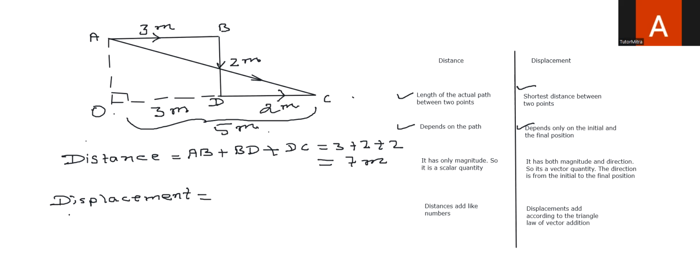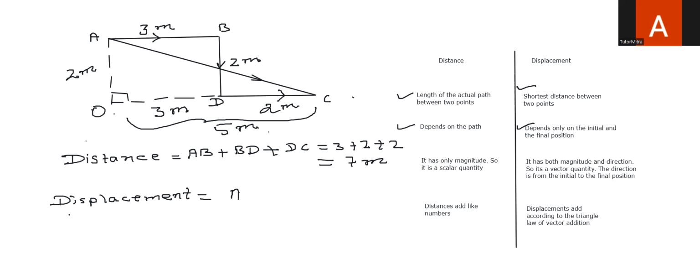Now, if BD is 2 meter, AO is also 2 meter. Now you can use Pythagoras theorem in this triangle AOC to find the length of the side AC.